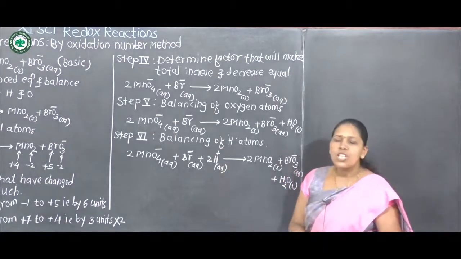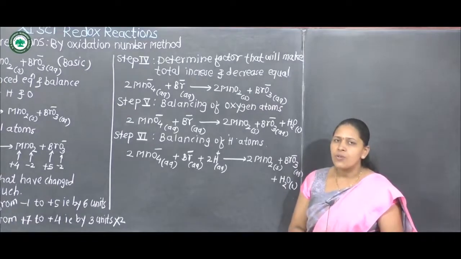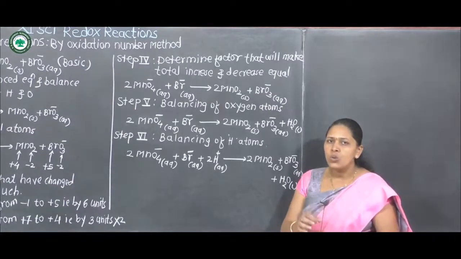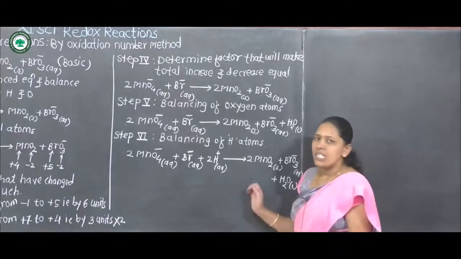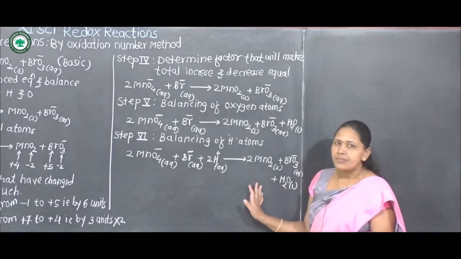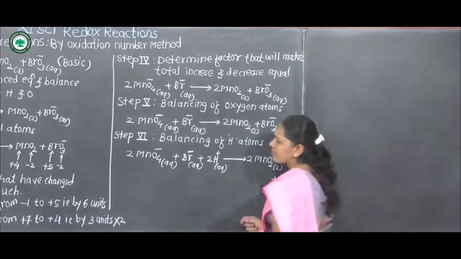Here 2 H⁺ are present in the reaction. Therefore, we have to add 2 hydroxyl ions on both sides of the equation. This step is only for reactions that occur in basic medium.